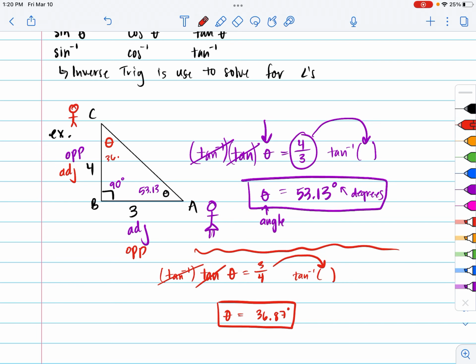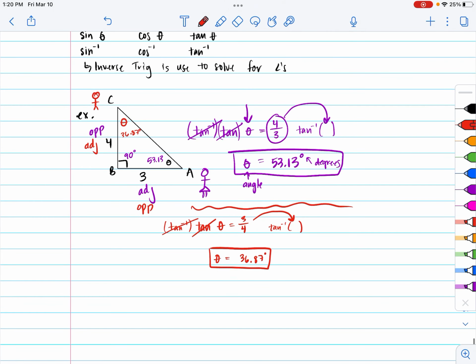This is 36.87 degrees. And together, all 3 of these should add up to 180, which they do. Okay? So that is something to keep in mind. So yes, you could always do the trigonometry to it, but if you already have 2 of the angles, you could actually just do some quick subtraction.